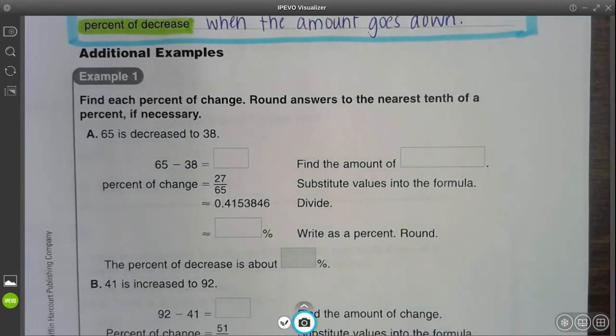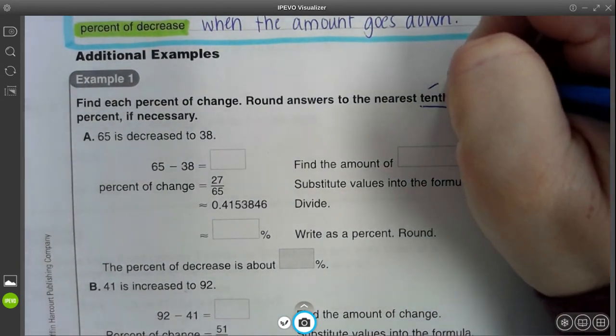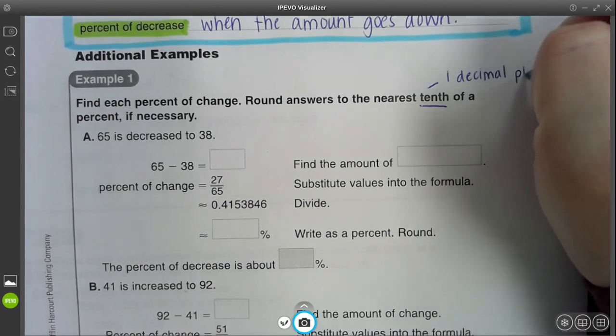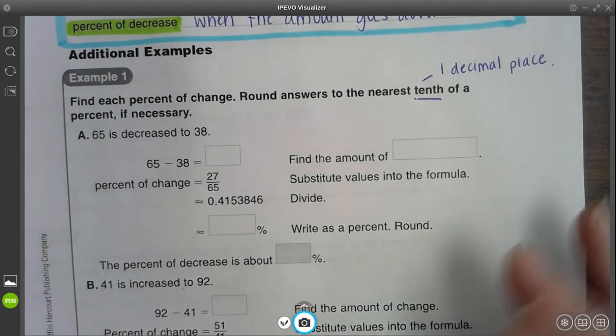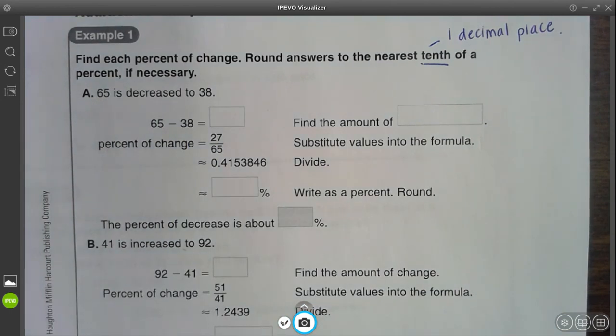All right, so some examples here: finding percent of change and rounding answers to the nearest tenth. So to the nearest tenth means we're going to round to 1 decimal place. Okay. So the first one says 65 is decreased to 38.